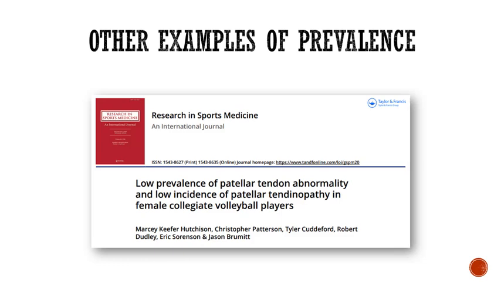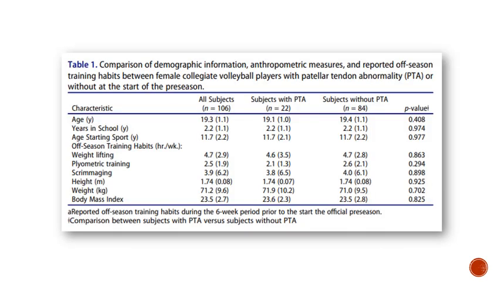Abnormality, so people being basically asymptomatic, but with an abnormal looking tendon, and then those who go on to develop tendinopathy. And so, again, within the particular paper, there are these demographic things that you want to include and other tables like that to bring things to life.